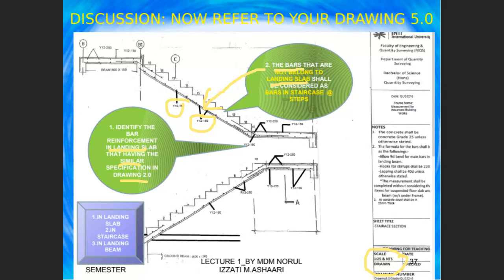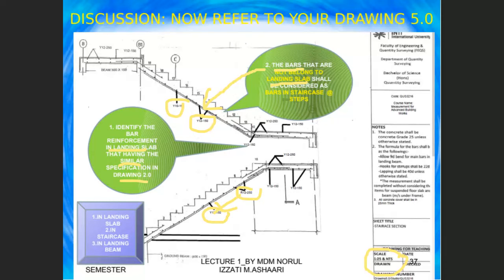Cannot, because the bar reinforcement has a different diameter. Even though both are high tensile, different diameters must be measured separately. Okay, look at the bottom. Y12, 150. This is R12. Can you combine these two together? Cannot. But Y12 at the top flight and Y12 at the bottom flight can be totalled up. You can combine them under one item.